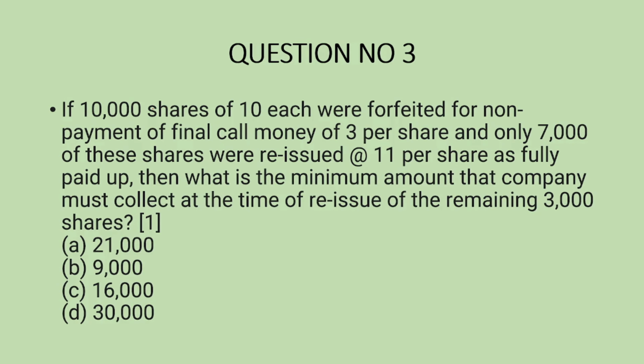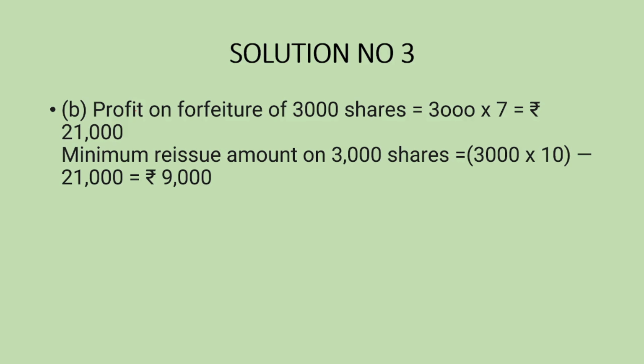Question number 3. If 10,000 shares of rupees 10 each were forfeited for non-payment of the final call money of 3 rupees per share, and only 7,000 of these shares are reissued at the rate of rupees 11 per share as fully paid up, then what is the minimum amount that the company must collect at the time of reissue of the remaining 3,000 shares?